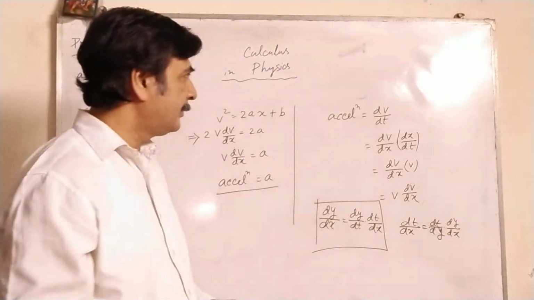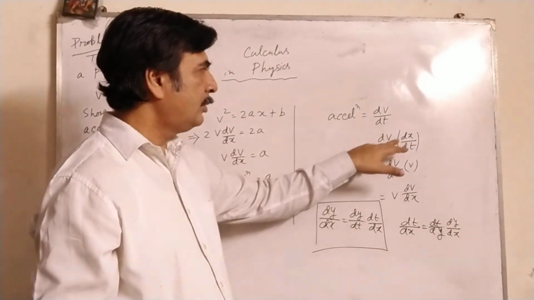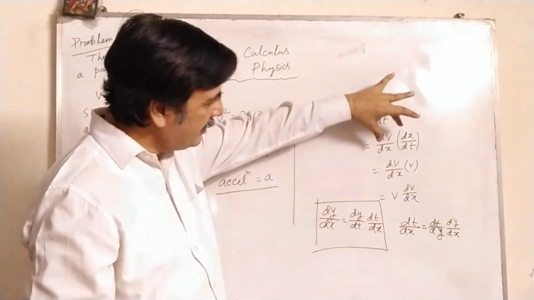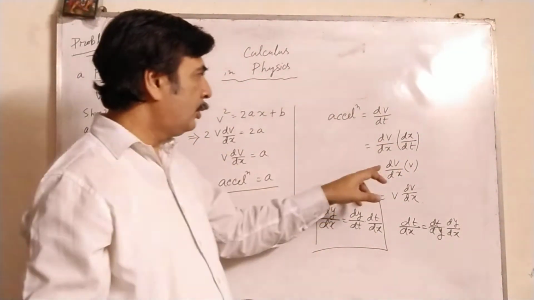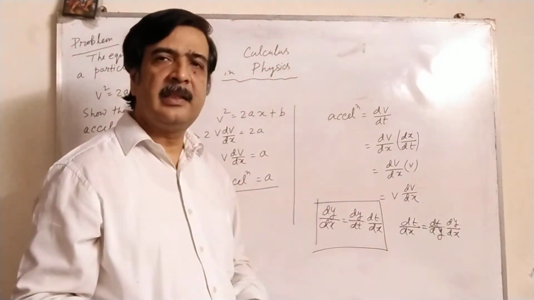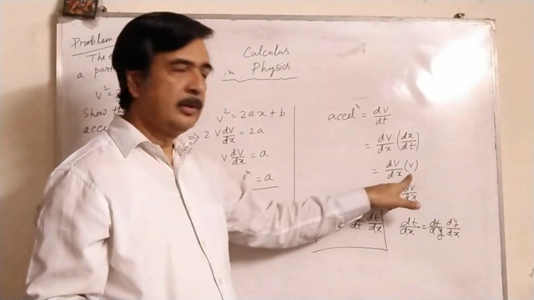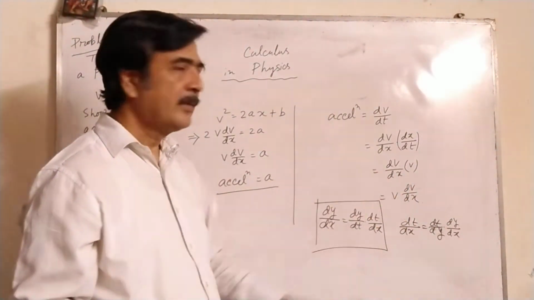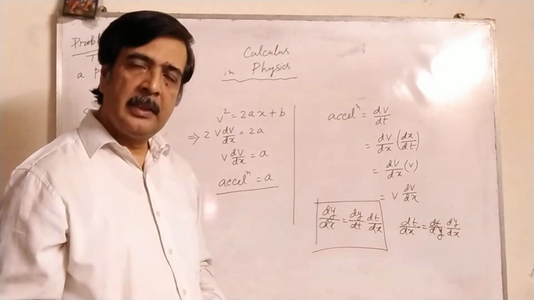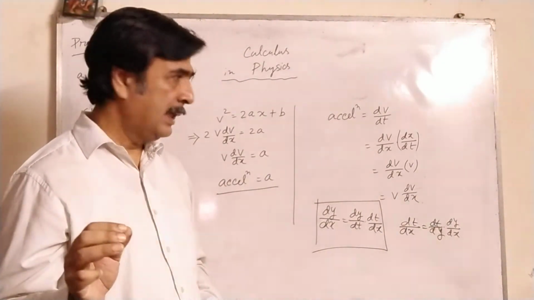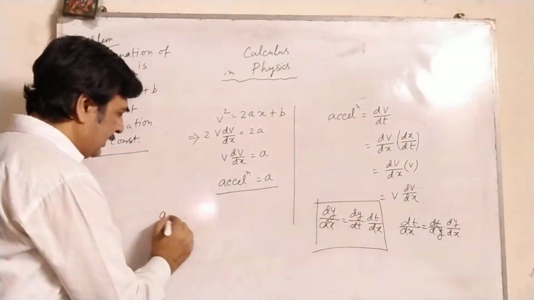Now acceleration is dv/dt, we can write dv/dx into dx/dt. So if I cancel dx, it will be dv/dt. What is dx/dt? Rate of change of displacement with respect to time. So it is v. So v dv/dx. So what is acceleration? Acceleration is dv/dt, also d2x/dt2, and also v dv/dx. I am writing the formula for acceleration here.